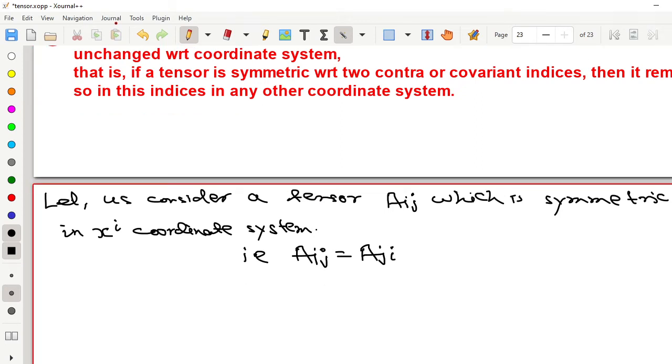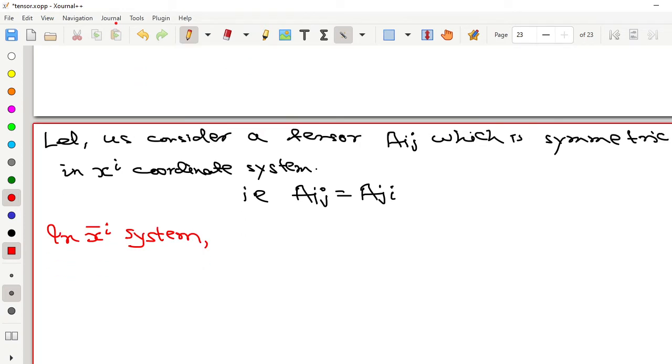Now what happens in the x bar i coordinate system? In the x bar i system, what is the transformation?